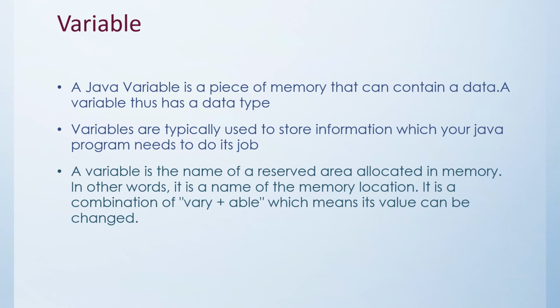It is a combination of vari plus able, which means its value can be changed. This definition belongs to the simple concept. Assume a is a variable and its value is 10.